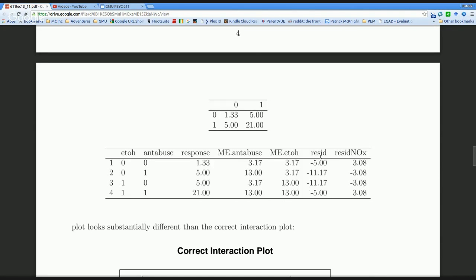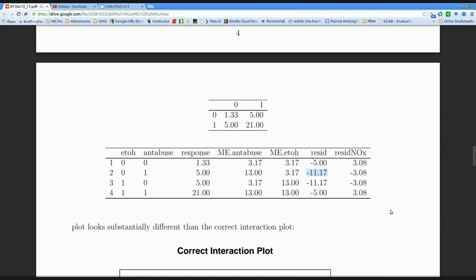Once I calculate these residuals, what I want to do is take the residual and eliminate the grand mean of the residuals. So -5, subtracting out the mean of all of these gives me 3.08. -11.17, minus the mean of these things, gives me -3.08.